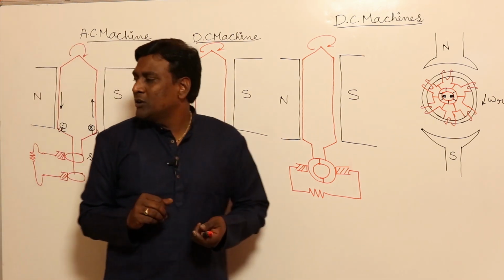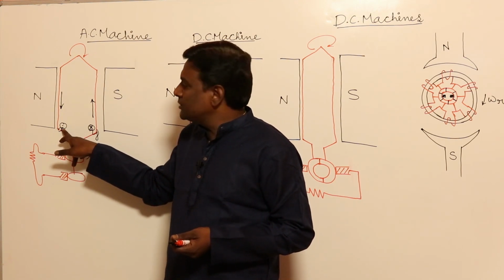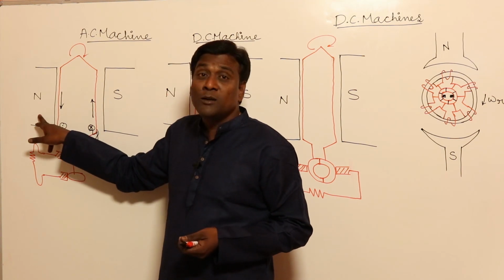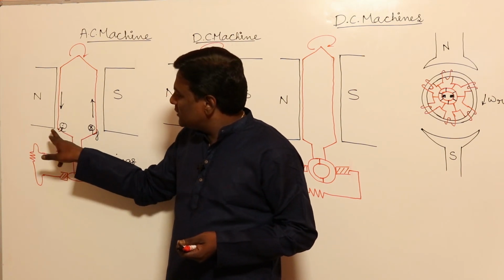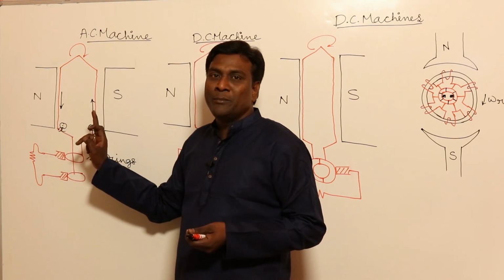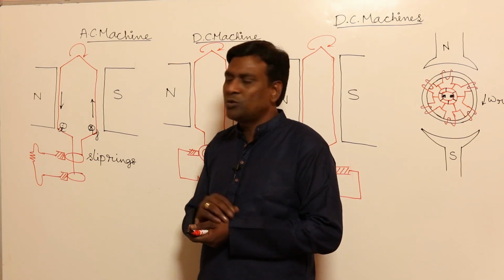If you think of dot as positive, then as of now the positive maximum induced voltage will be there, because it is under the N pole at the center of the pole. After that, once it starts rotating, it will reach the MNA, or magnetic neutral axis, with zero flux density, so zero induced voltage will be there.